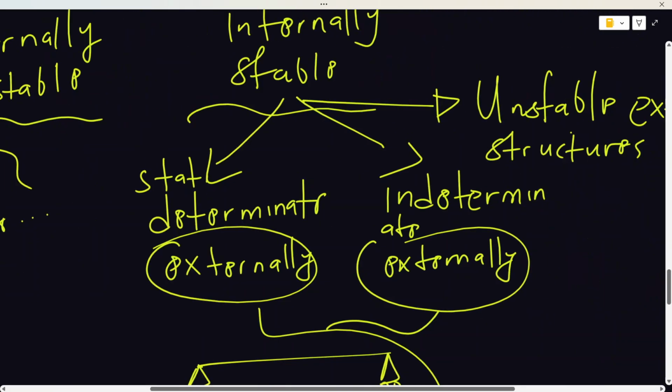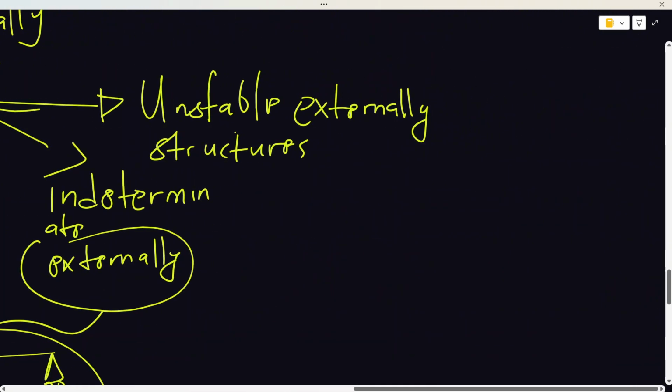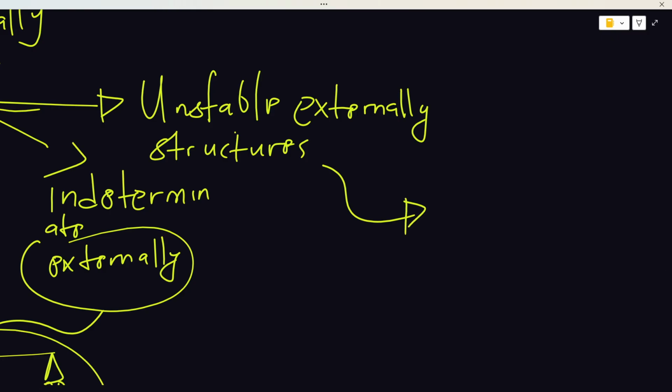An unstable structure externally is basically, depending, of course, on whether it can be internally stable or unstable, it doesn't matter. We can still classify any of them as indeterminate, determinate, or unstable.